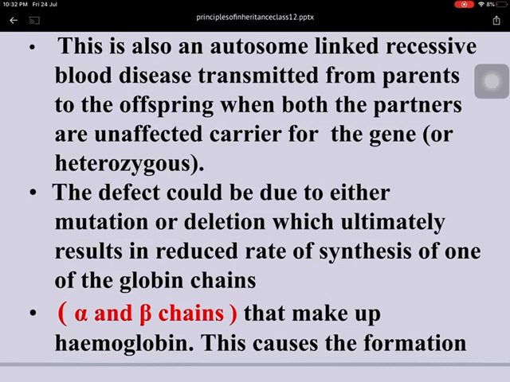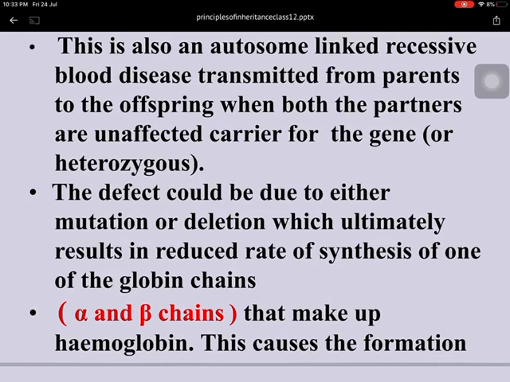If there is iron deficiency, the person is suffering from anemia, and we can control such a situation by using food supplements. But if the globin protein is reduced in amount, then the anemia is known as pernicious anemia.